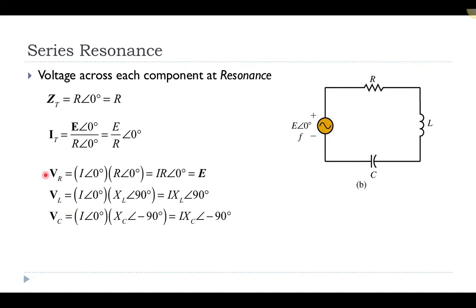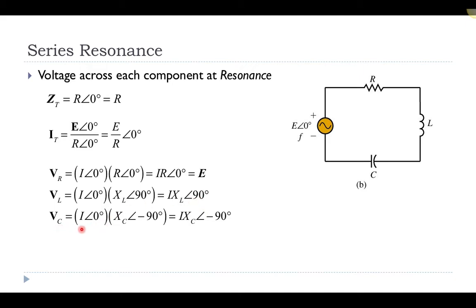I can then determine what is the voltage across each of the components. So the voltage across the resistor would be the current times the resistance. And of course, that's just going to be the source because that's how we started our whole discussion, with the fact that this resistor at resonance gets all of the voltage of the source because those two components cancel in terms of their voltage. The voltage across the inductor would be the current times the inductive reactance with a phase angle of 90.